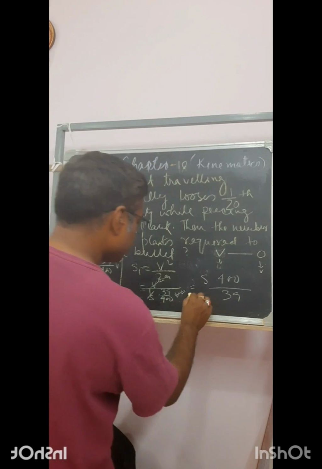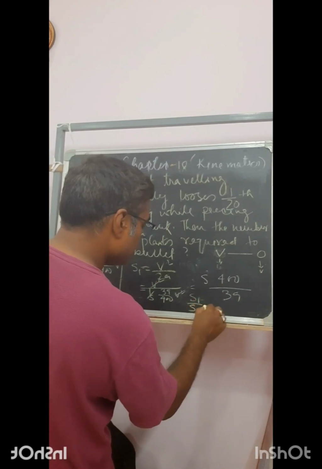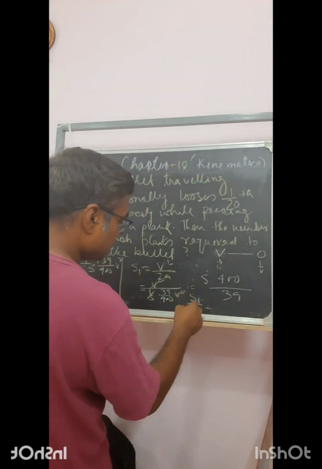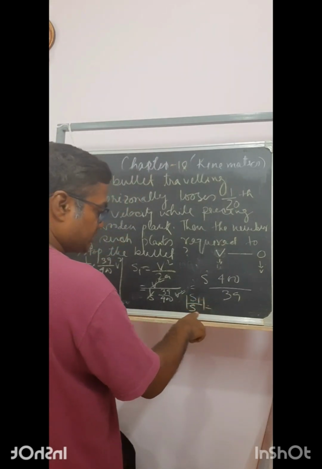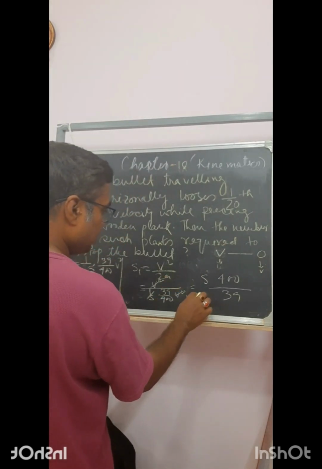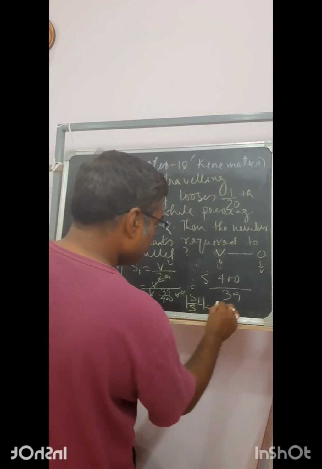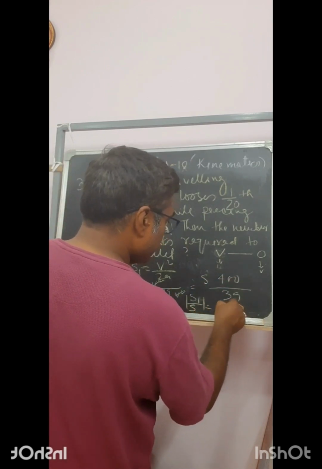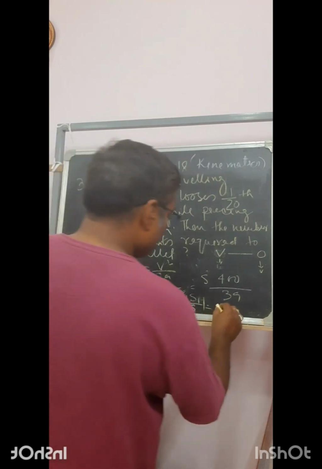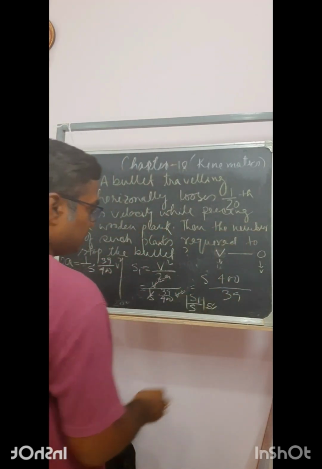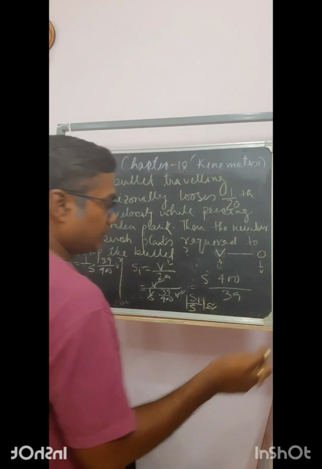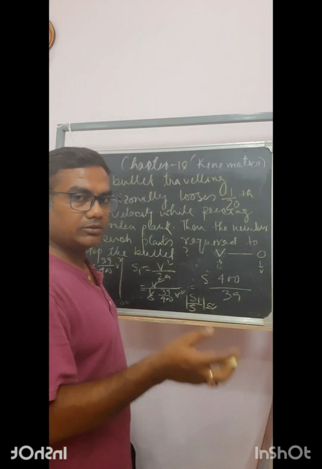So now S1 against S is how much? S1 against S, that means the number of plates I will find, because if one is of S width, in S1 how many such widths I will find, that I will get from 400 by 39. So how many is it almost? The number of plates you required. I have to get the plates, because fractionally the plate will be in all plates.